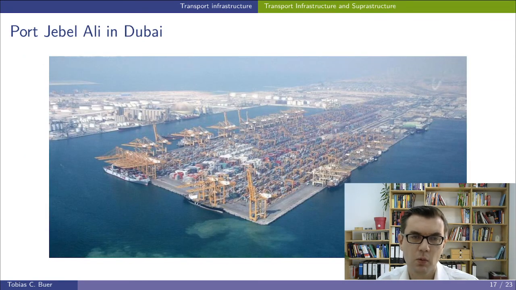And one of the most important ports in the region is the container port in Jebel Ali in Dubai. This is one of the most important ports in the Gulf region.